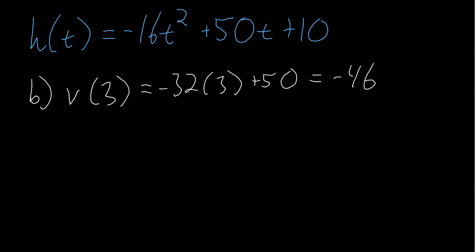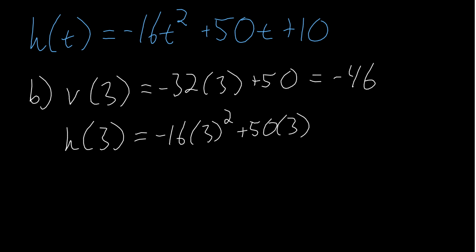Then my h of 3, because we have the height function, is equal to negative 16 times 3 squared plus 50 times 3 plus 10. I can't do that one in my head, so let's put this in the calculator. I get 16.